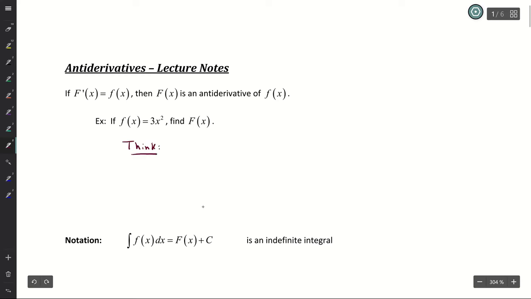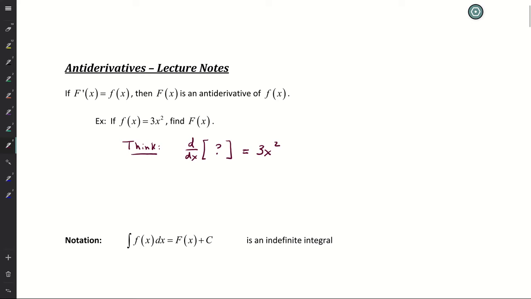So basically here, you want to think that I've taken the derivative of some function that's unknown, and I've received as my answer 3x squared. In this particular situation, the thing that I've taken the derivative of would be the antiderivative of 3x squared.